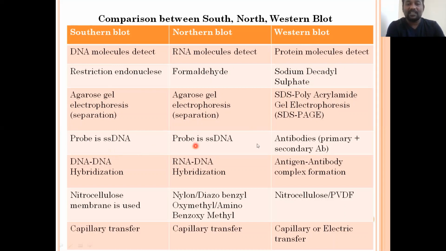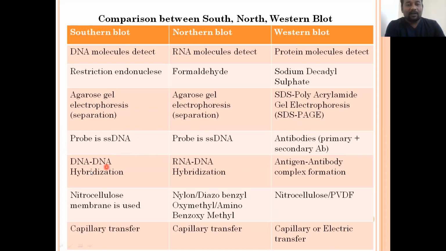In the case of the probe, Southern blot and Northern blot will utilize a single-stranded DNA probe. Both nucleic acid blots use single-stranded DNA as a probe for hybridization. But Western blot will use antibodies, primary and secondary antibody. The secondary antibody is labeled with fluorescent material or any radioisotopes.